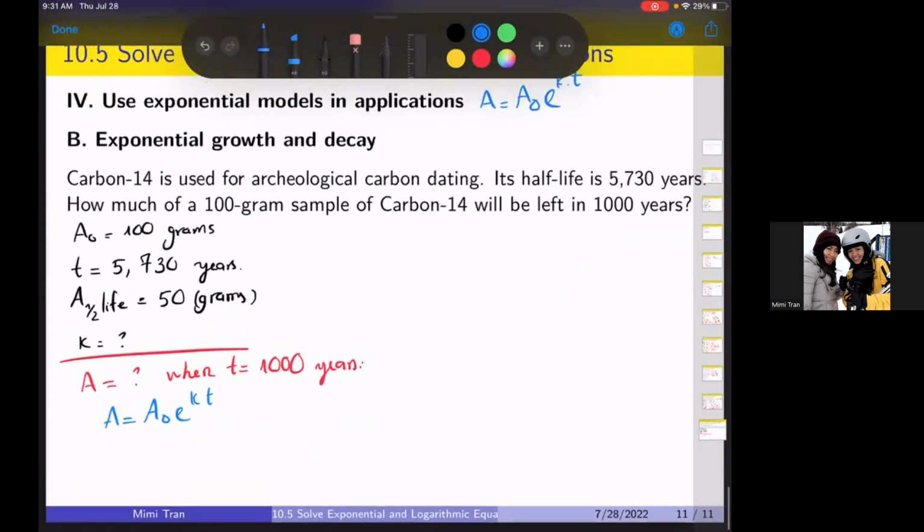I'm gonna use this information right here to find K. Instead of A, I'm gonna replace with A half-life, which is 50 grams. And A naught is 100, that's the initial amount. e is just e. K I don't know, that's what I'm looking for. And T is half-life, so it's 5,730 years. And then you solve for K.